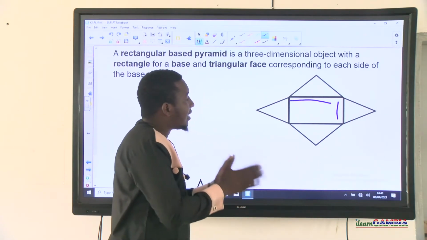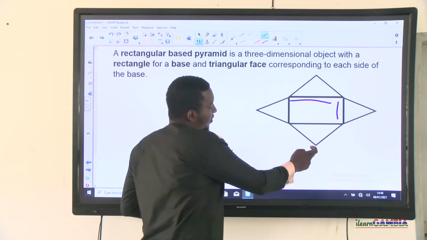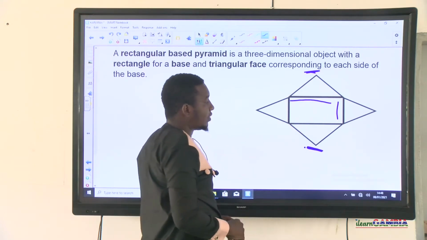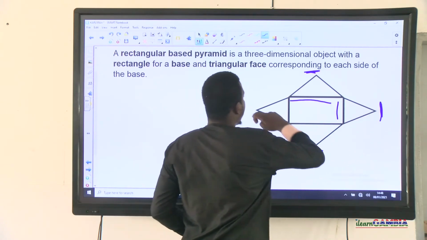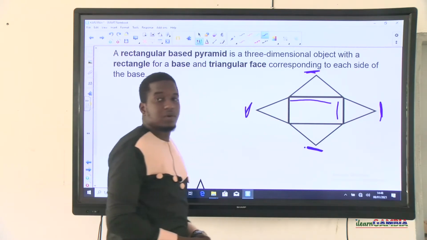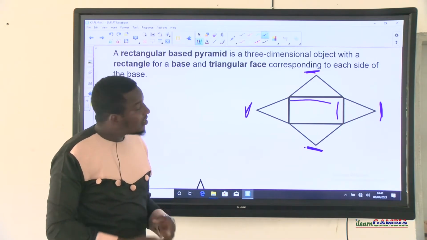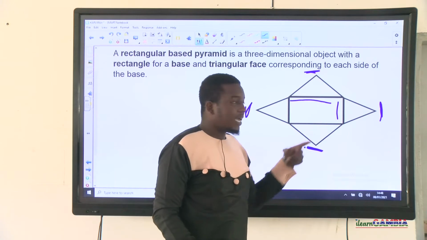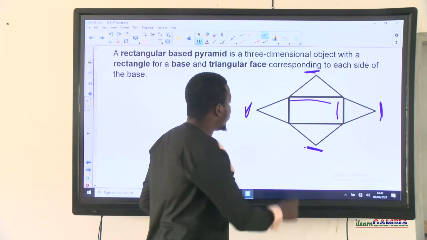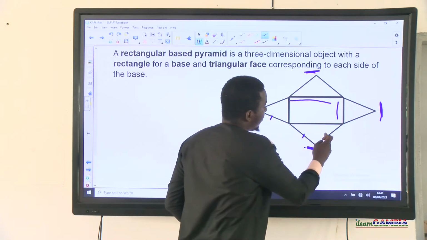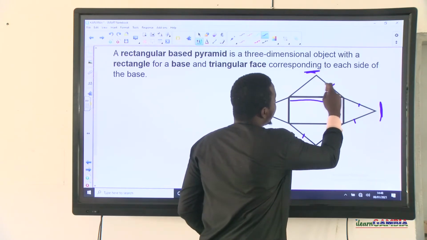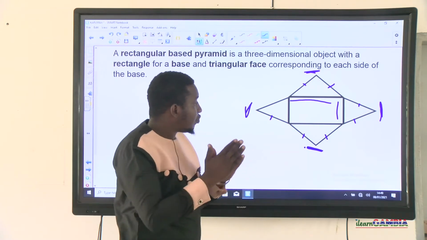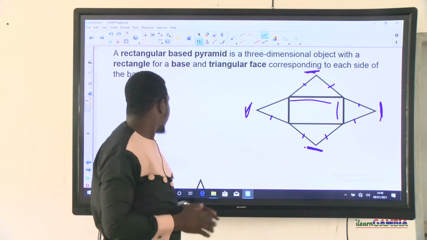Again, we have the faces that are attached to the rectangle. You can see that the opposite faces are equal. This one and this one are equal, and here, this side and this other side are also equal. What is key in these four faces, although the opposite ones are equal, is to make sure that the lengths of the sides are equal in order for them to form a particular shape.